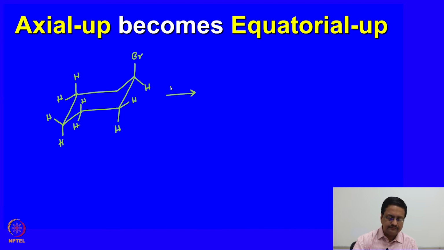If we flip, then what should happen is we should have this and that side, and this bromine which was axial up will now be equatorial up, and the hydrogen along with that which was equatorial down will remain axial down.